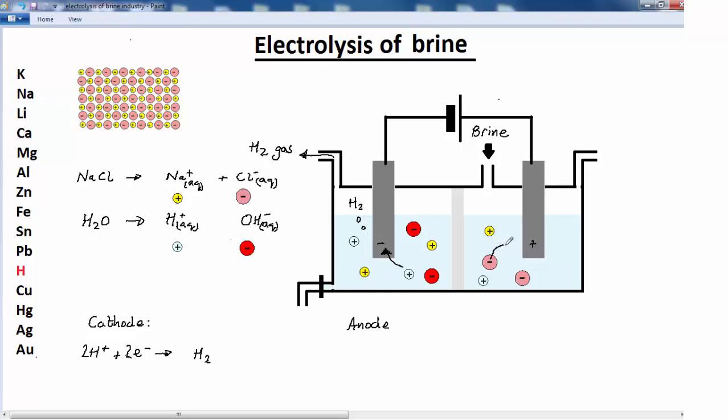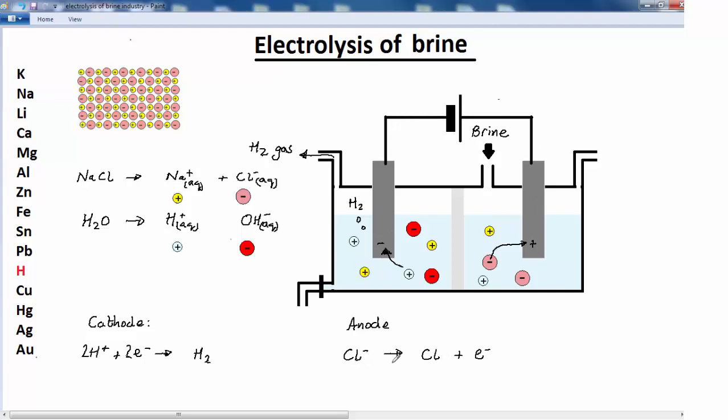The chloride ions will be attracted to the anode and they will lose an electron. Let's do that, Cl minus, and we represent it this way. We have the arrow, and that forms the chlorine atom, and we lose an electron. That electron will then go around the circuit and be given to the hydrogen at the other end.